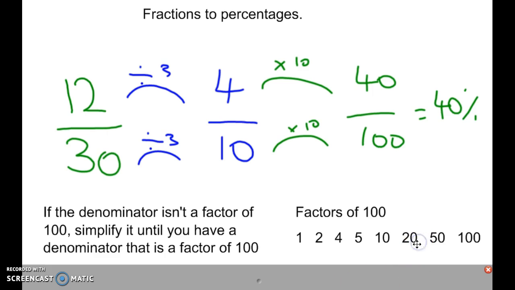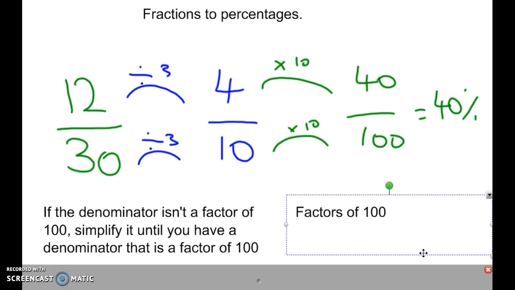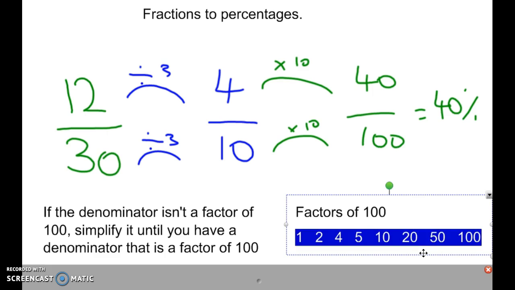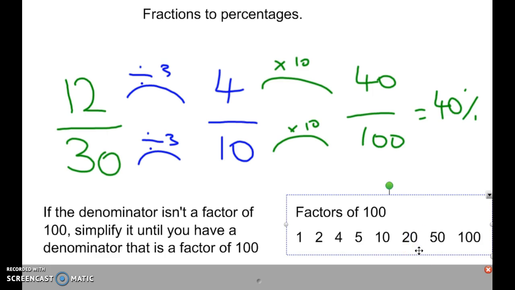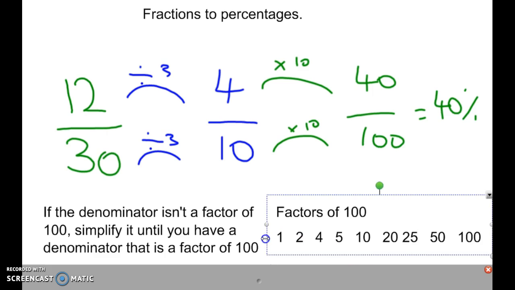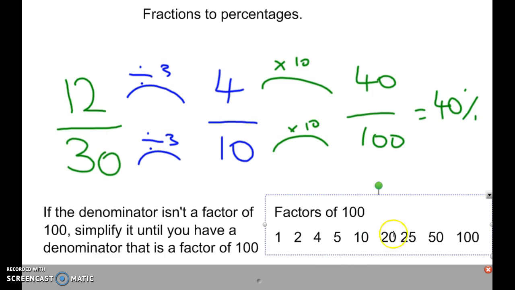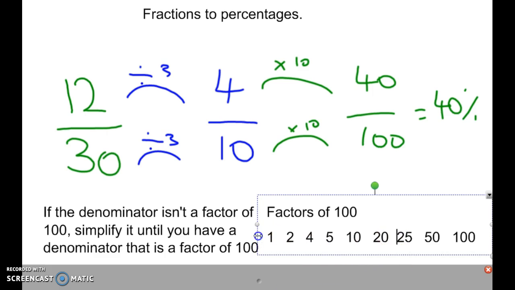Only I've missed one. Should be a 25 in there. That's better. So there are your factors of 100.